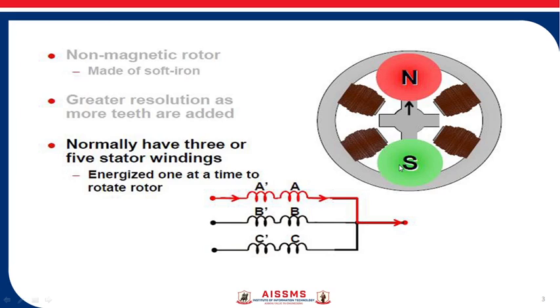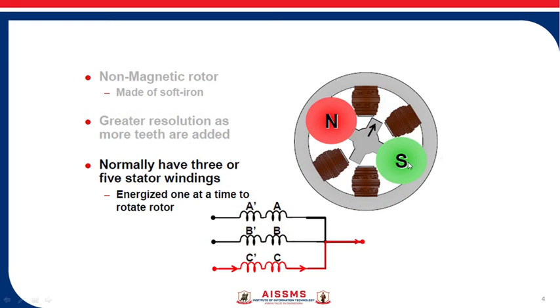When the first phase is excited, this is the position of the rotor. Then the switch connected to the A dash phase is opened, and now the switch C dash is closed.